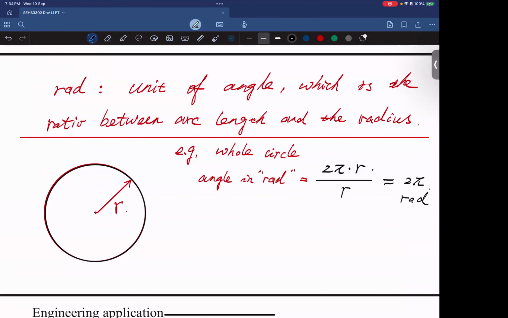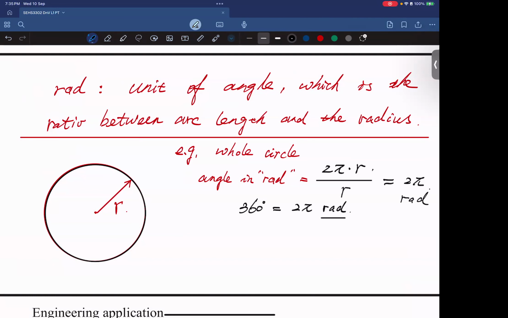Okay. So, if there is an angle of 360 degrees, we see this angle is 2 pi RAD. So there must be a ratio. 360 degrees is 2 pi RAD.